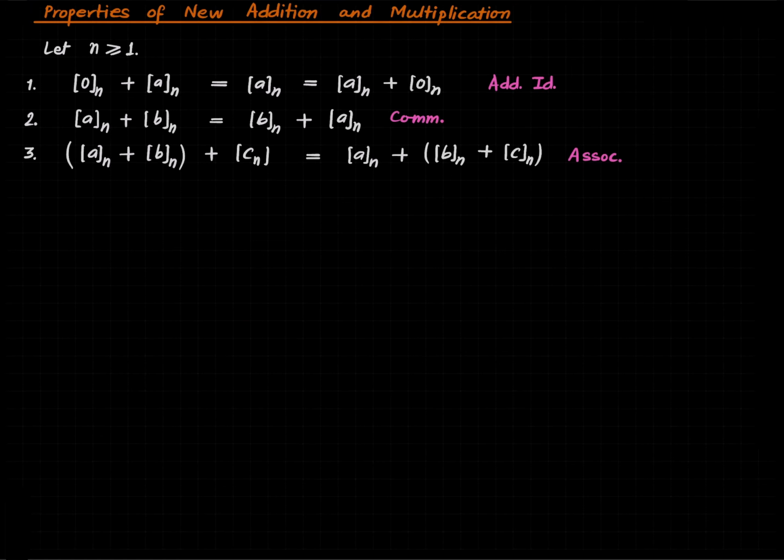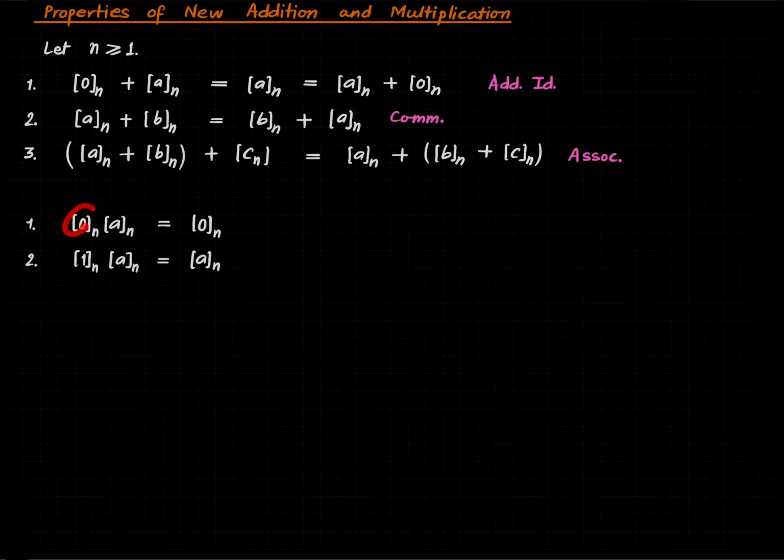Okay. Similarly, we have the properties for multiplication. For multiplication, we have, so first, what is the product of 0 with anything? It's just 0, easily checked. What about 1? Very easy to check. So 0 and 1, they continue to behave like they behave for integers.